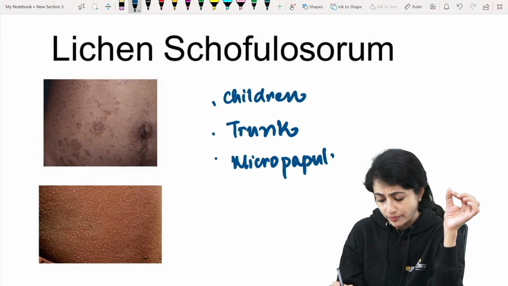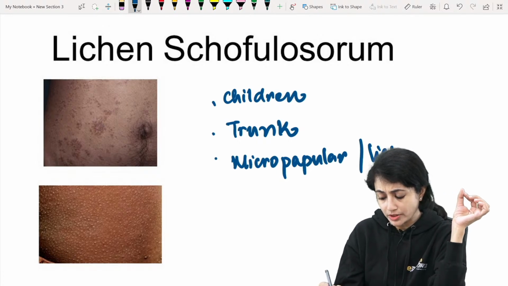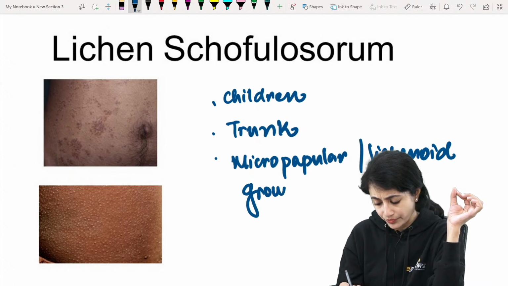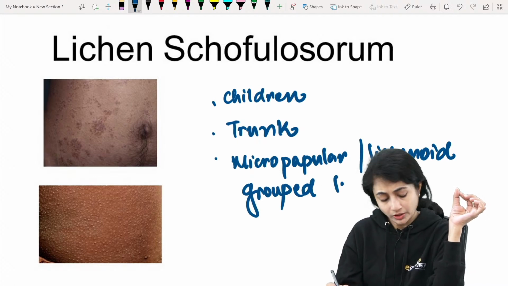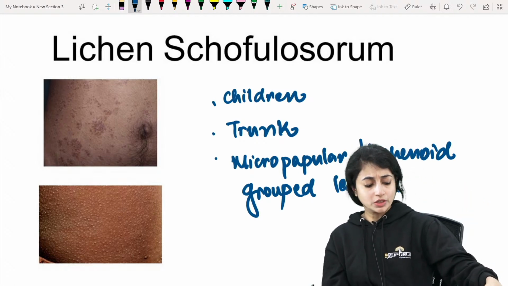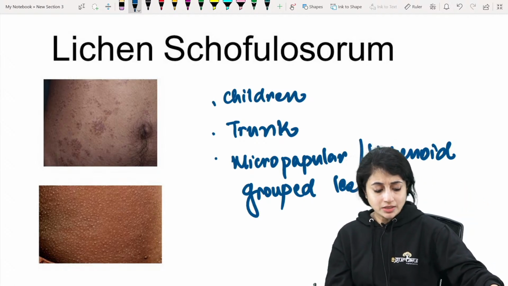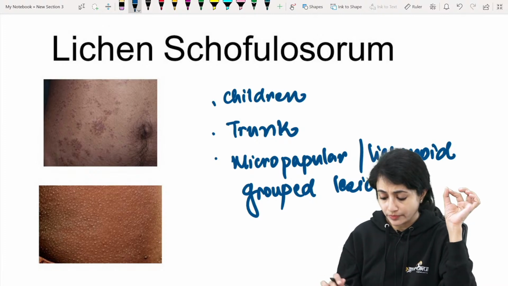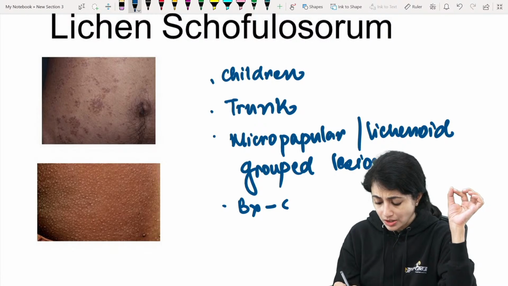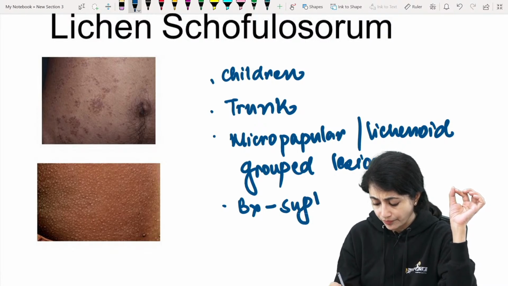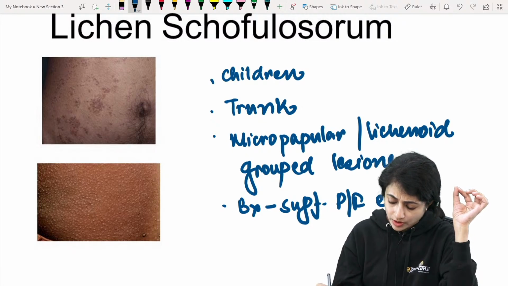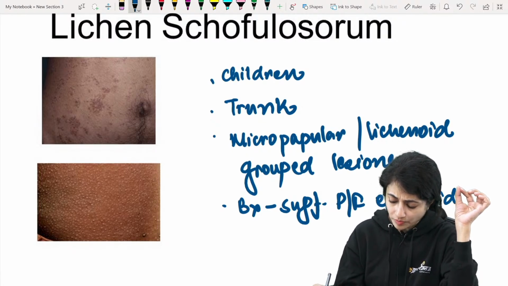micropapular lichenoid grouped lesions. Micropapular lichenoid grouped lesions that I see, and I see them on the trunk of children. And if I do a biopsy, I see superficial perifollicular epithelioid cell granulomas.